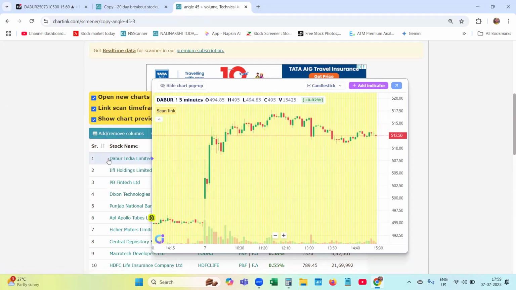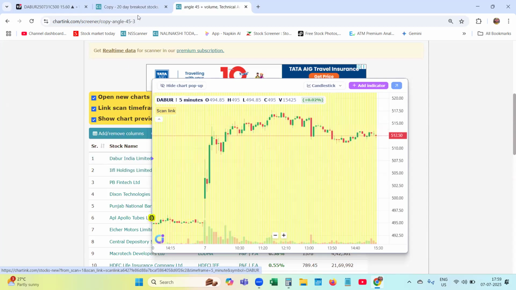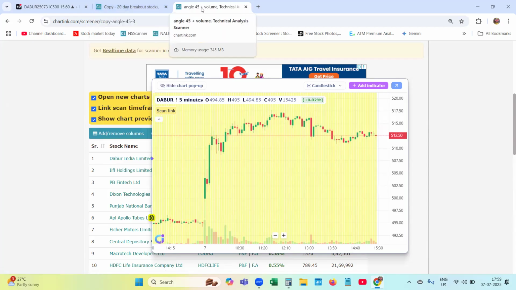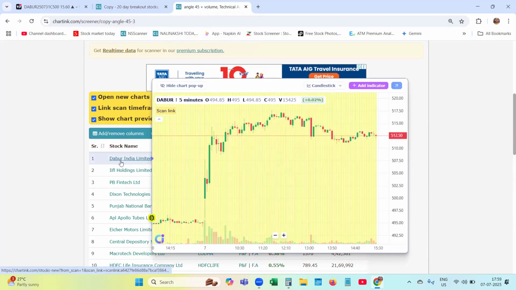You can decide on yourself. Yeah, I can go for this. You are getting it in 5 minutes. So the screener is picking the 20-day breakout and the angle 45 is also picking. They both are similar. And if you put it into the template and it is matching, you can go ahead. You can take the trade.